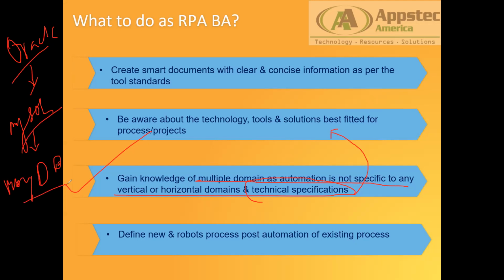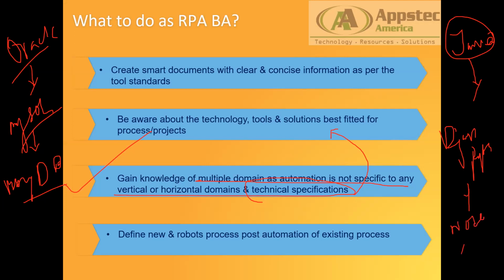So you should not be confining yourself to any single technology or platform, because RPA is very flexible as a platform that suits multiple technology stacks. It is not that you are only dealing with a Java based web application. No, it can be, let's say, a Django based application which is developed using Python. It can be a web service which is developed using Node.js or AngularJS.